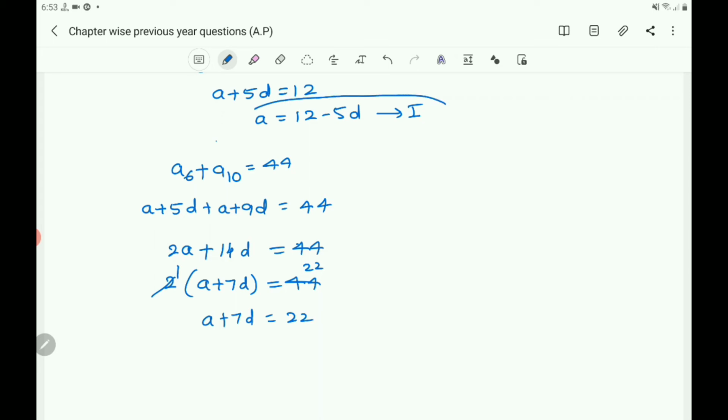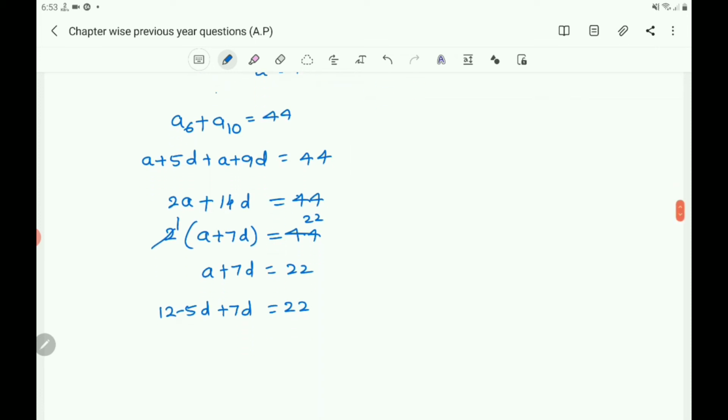Now you take a = 12 − 5d. So in the place of a write 12 − 5d. 12 − 5d + 7d = 22, that is from the first.